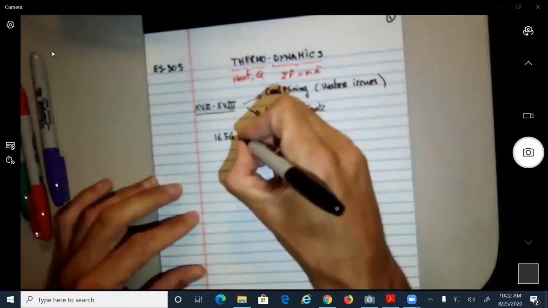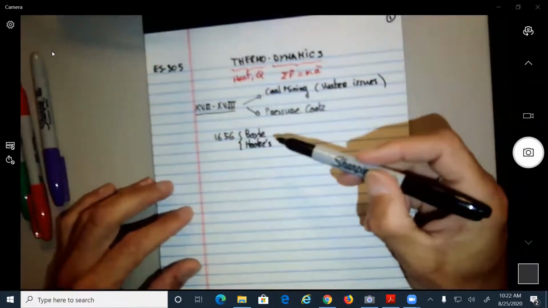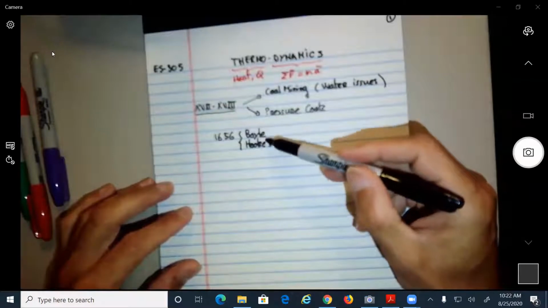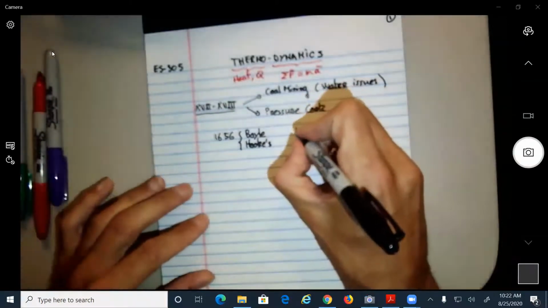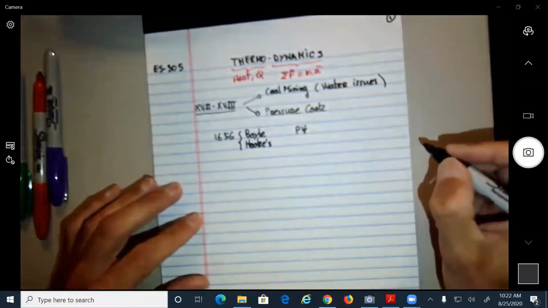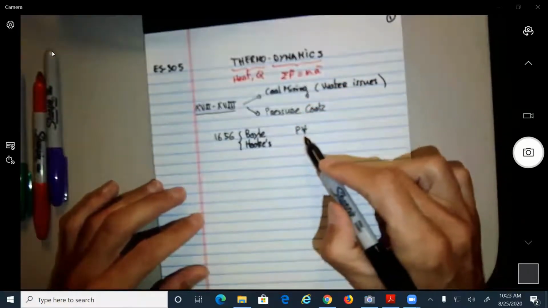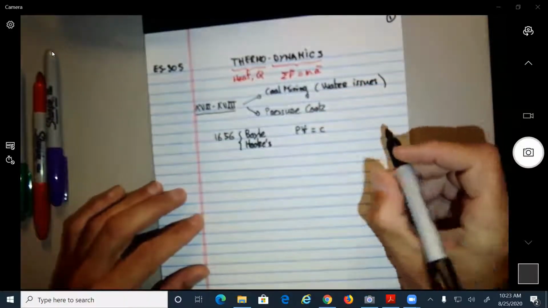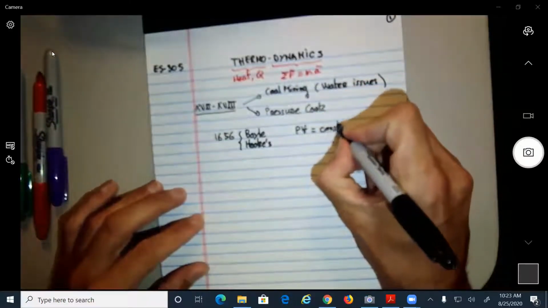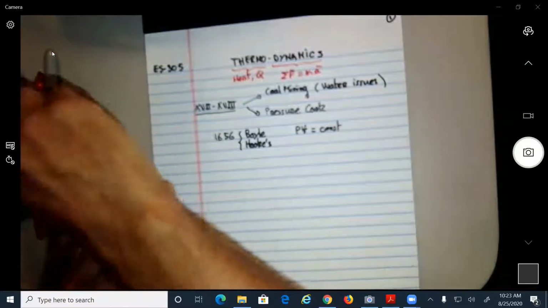So really the story here is that Boyle, I think Hooke was one apprentice of Boyle, okay? And they kind of both came up with the equation that relates the pressure and the volume. They say that this product of two quantities, pressure and volume, is constant.